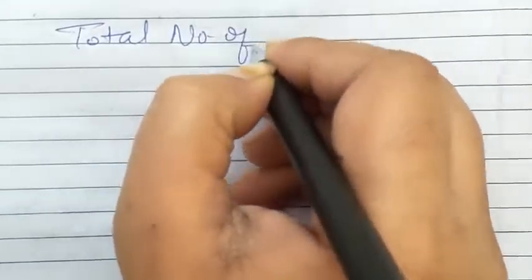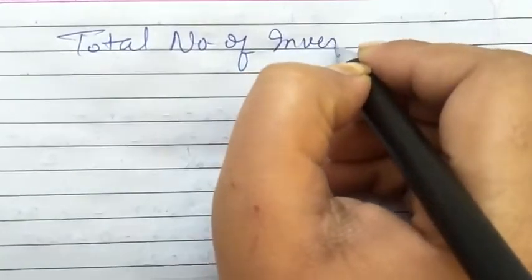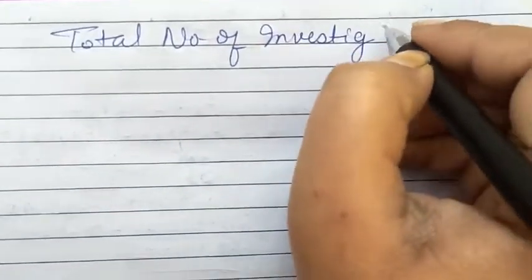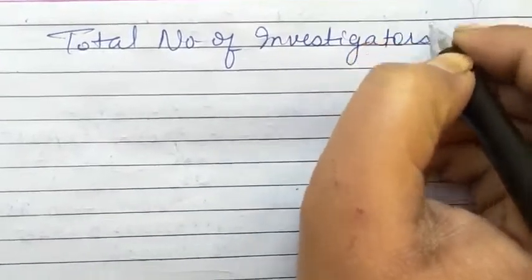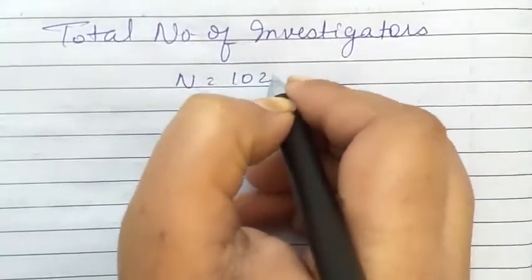So here total number of investigators are n is equals to 1024.